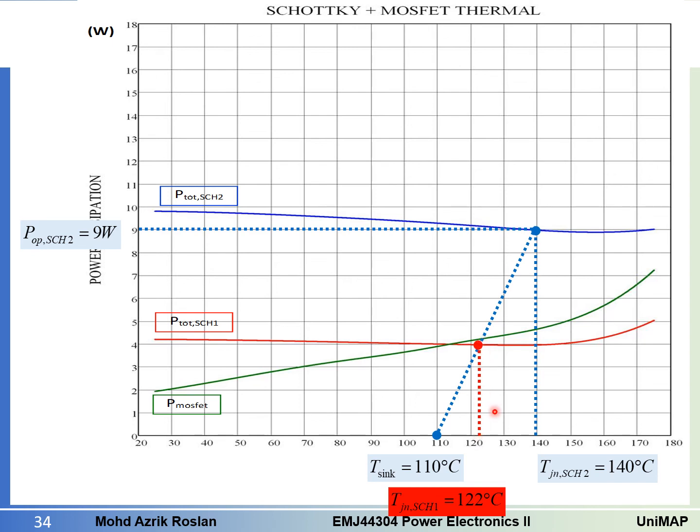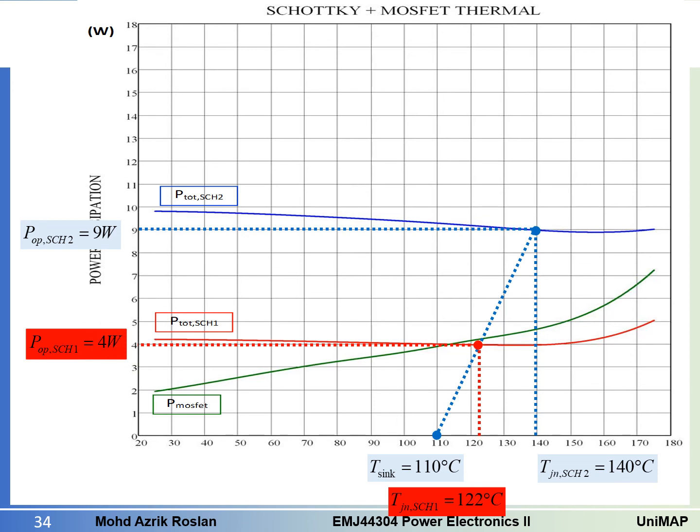Then you can already determine the operating dissipated power. From here you see the value is 4 watt.